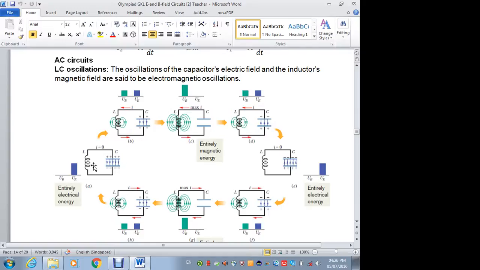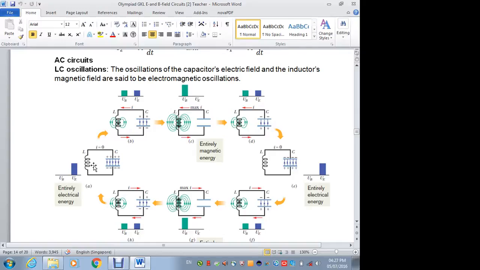This curly thing here is an inductor, and these two parallel lines are a capacitor. A capacitor stores charges, an inductor stores magnetic potential energy. So this part here will be entirely electrical energy stored.